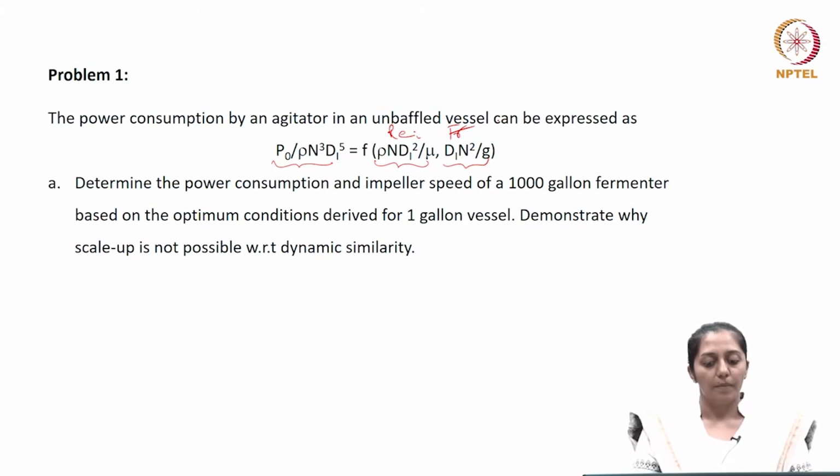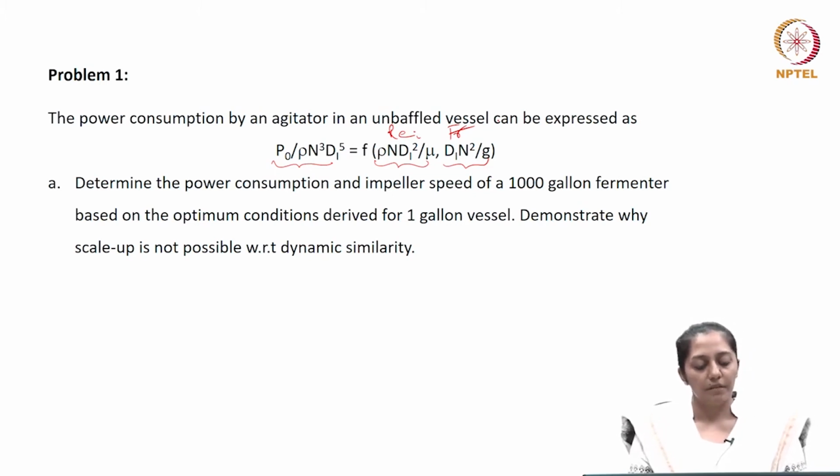Based on this correlation, we need to determine the power consumption and impeller speed of a 1000-gallon fermenter based on the optimum conditions derived using a 1-gallon vessel. We also need to demonstrate whether scale up is possible or not with respect to dynamic similarity.